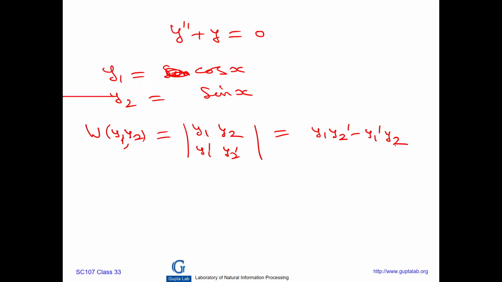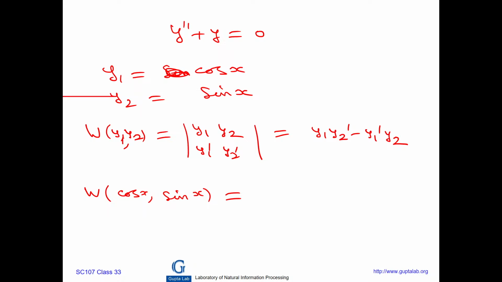Just compute this quantity. He showed that if this Wronskian is non-zero at any point in an interval, then the functions are linearly independent. So just compute the Wronskian here. What will be the Wronskian? Anyone can tell me the value? You know y1, y2, y1 prime and y2 prime.